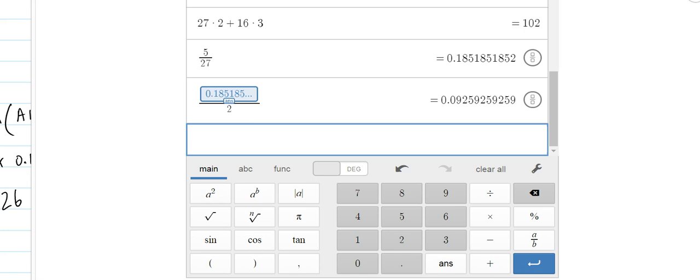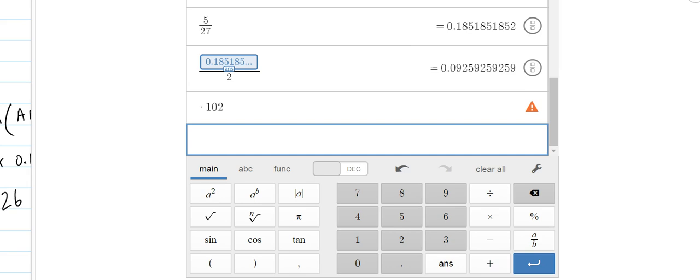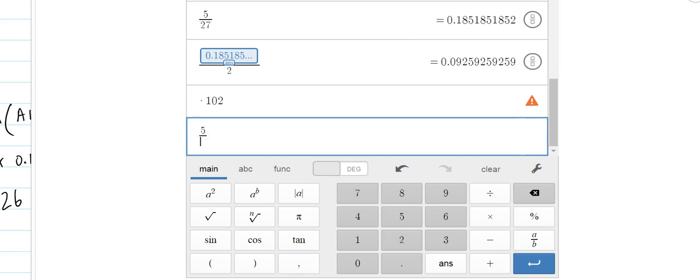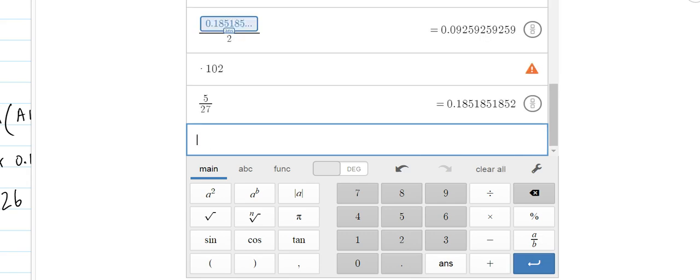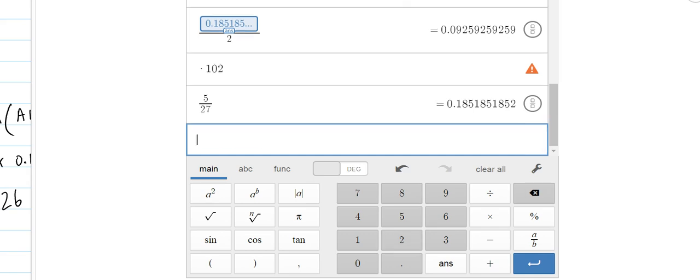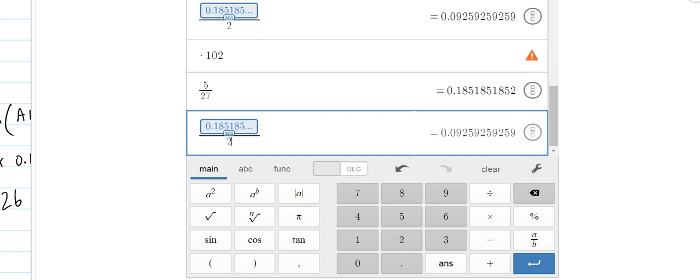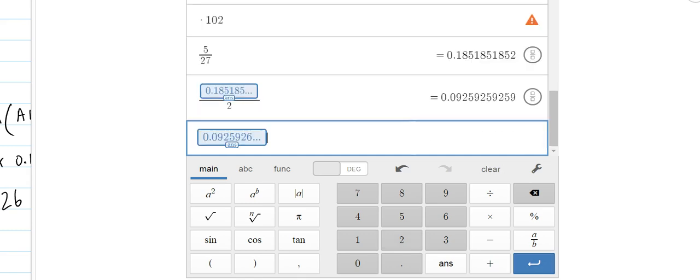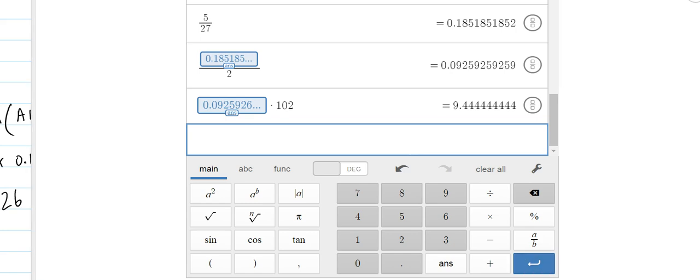I don't really know what I'm doing, not with this calculator. I've lost it again. 5/54, you say? Oh, that's a good idea. That is a good idea. Anyway, so we're here. Answer times 102. There, 9.4 grams.